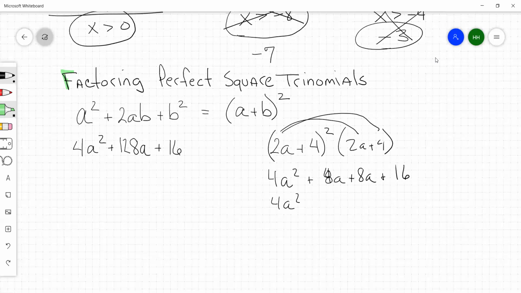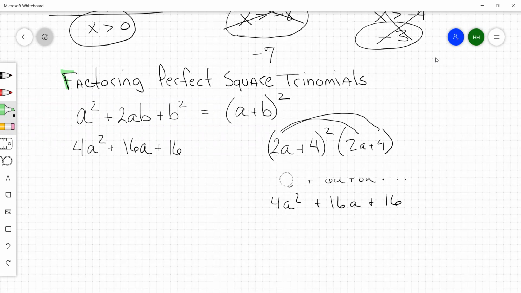So 4a squared plus 16a plus 16. Come on, eraser. This is going to be a long day.